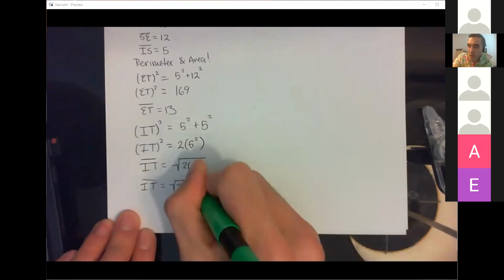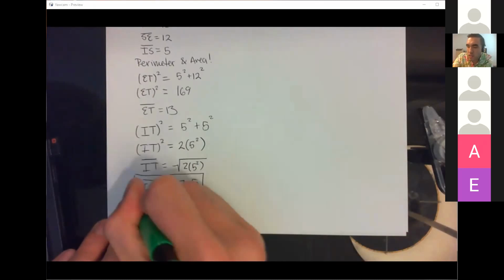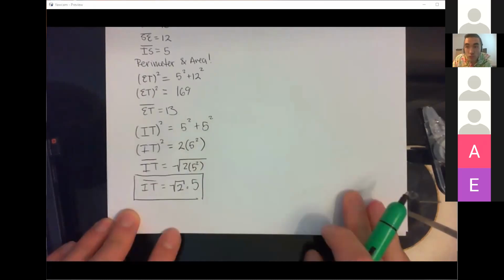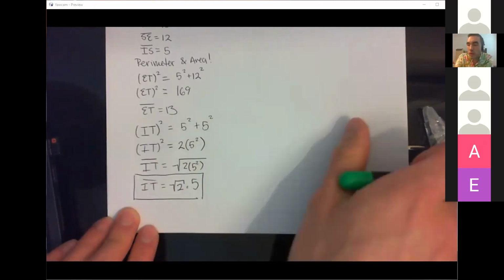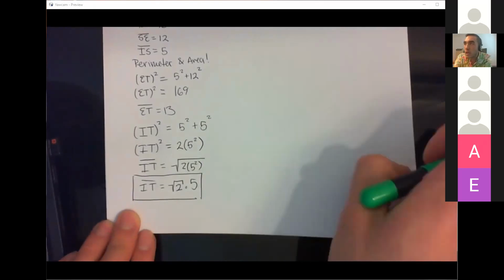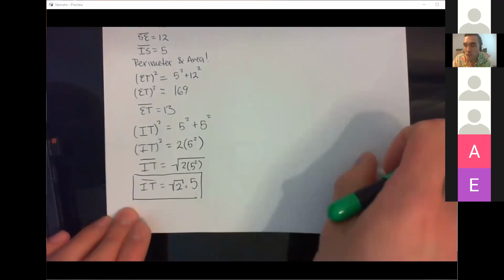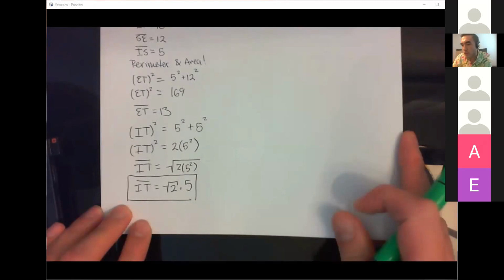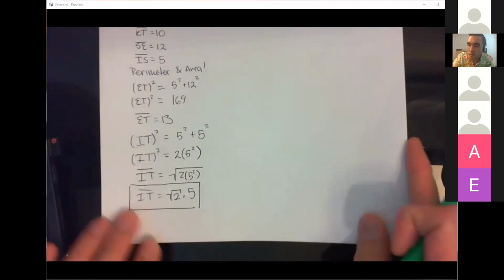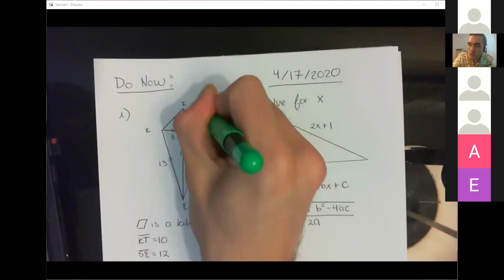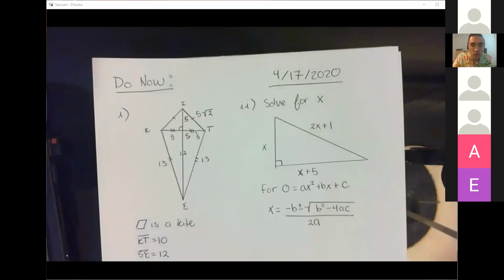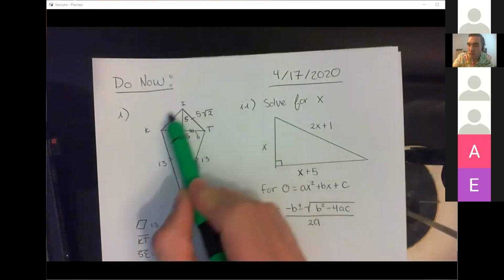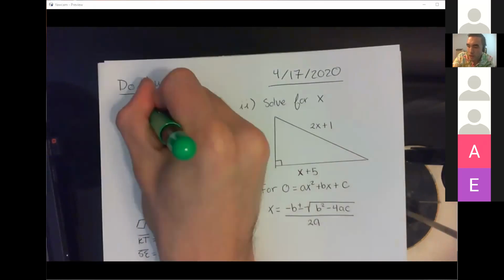And I like this approach because this automatically simplifies it to a root form without us having to do any sort of combination and then simplification. Like if you got root 50, what is root 50? Root 50 is 5 root 2. And again, since I know that this is congruent to this side, this other side is also 5 root 2.